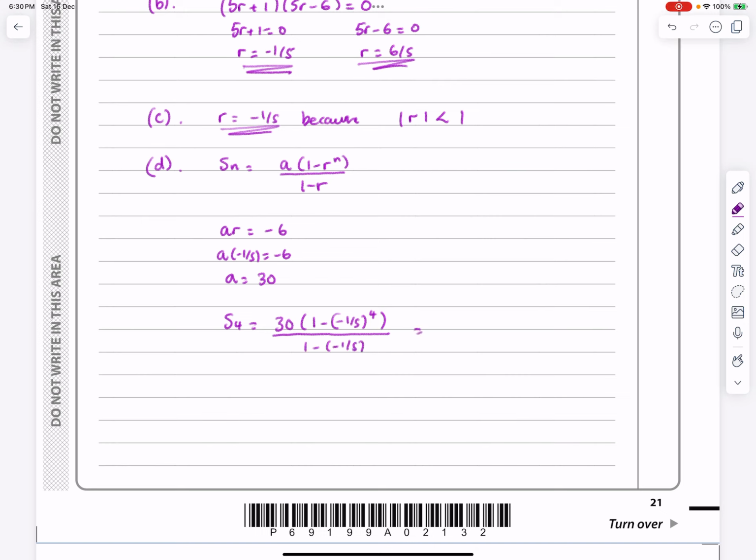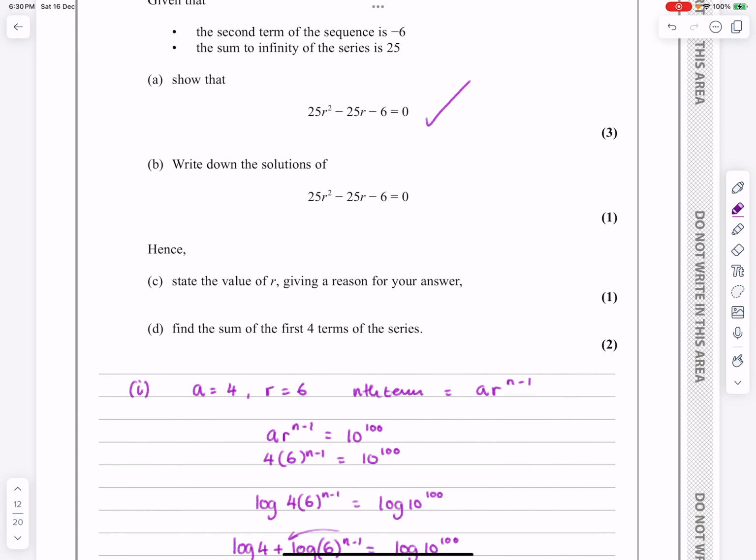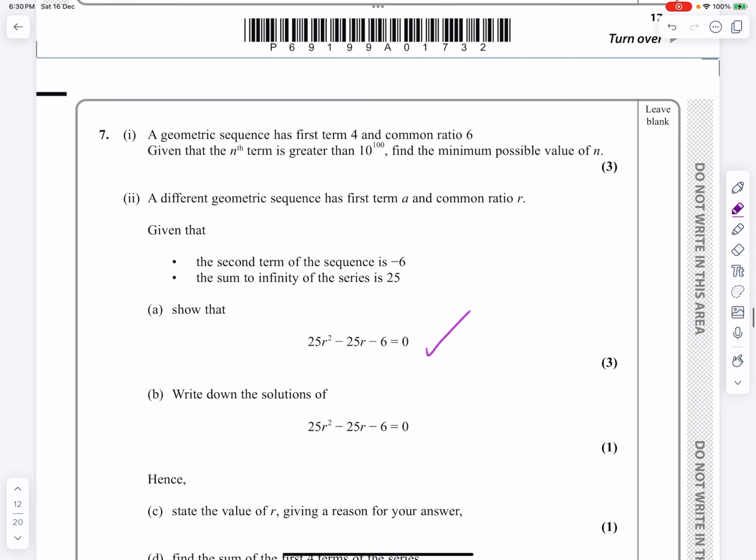Be careful of the negatives there as we're doing it, and if you stick that all in, that all works out to be 24.96. Let's just go back and make sure. It doesn't say about how many decimal places or significant figures, so I'm quite happy to leave it as I've got it there, and that's the end of that question. Hopefully that all makes sense.